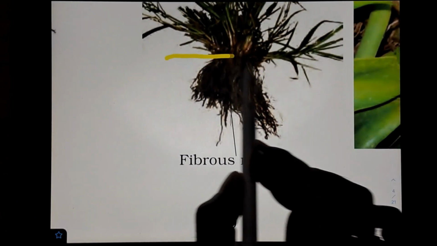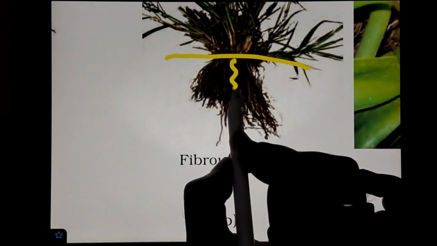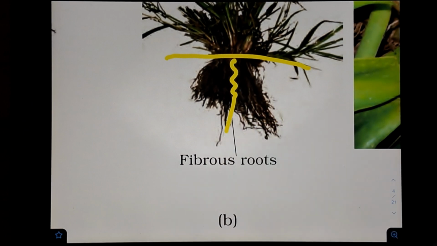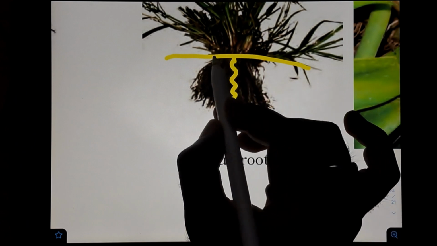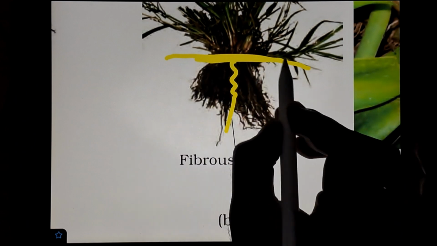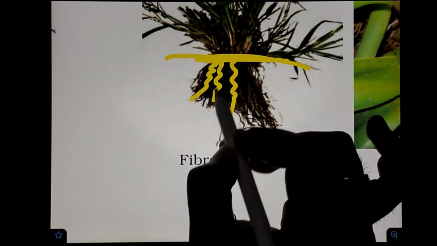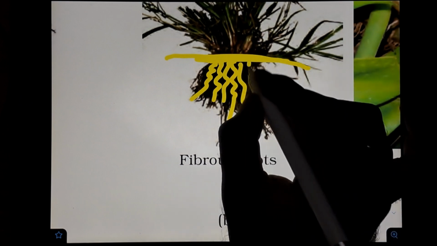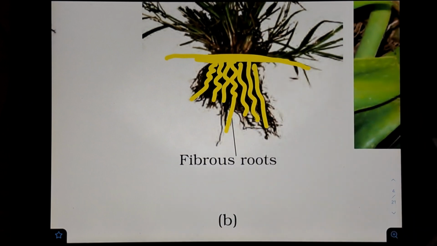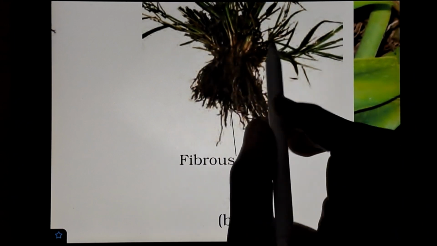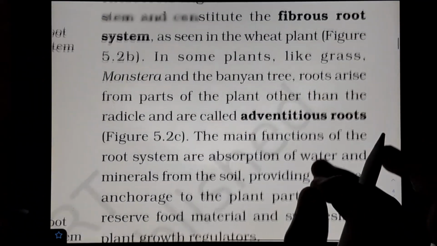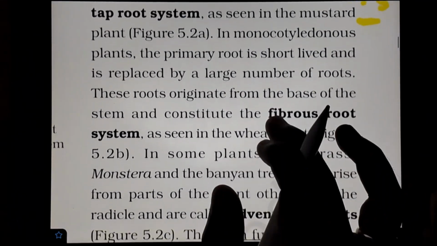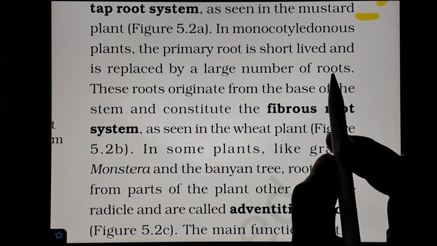At the start, the main root is short-lived, and later on, numerous roots arise from the base of the plant in support of the primary root, forming a fibrous root system.